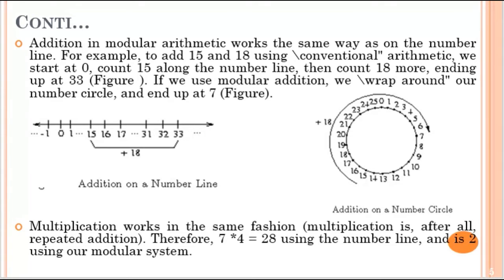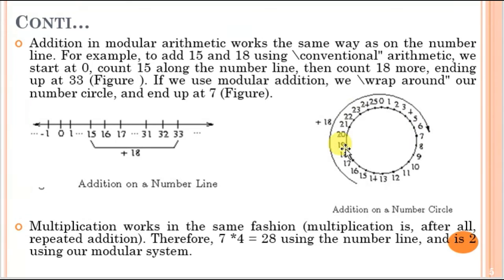When we join both, 0 to 33, the addition of 15 plus 18 is 33 according to the number line, as given in the figure. But according to the circular line or modular system, here the output is 7, because 0 to 14 is 15 elements and 15 to 7 is 18 elements.